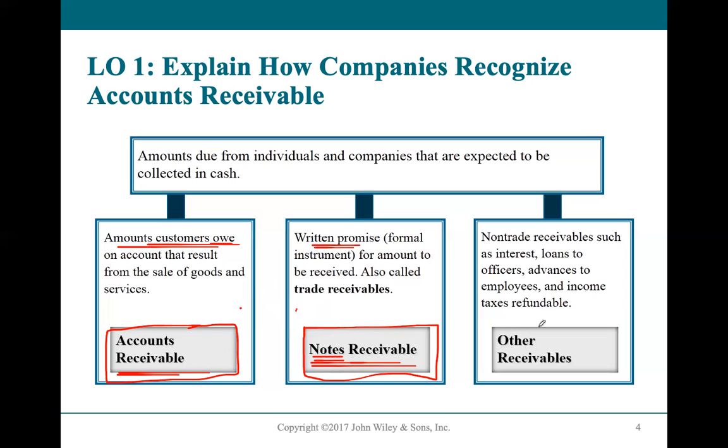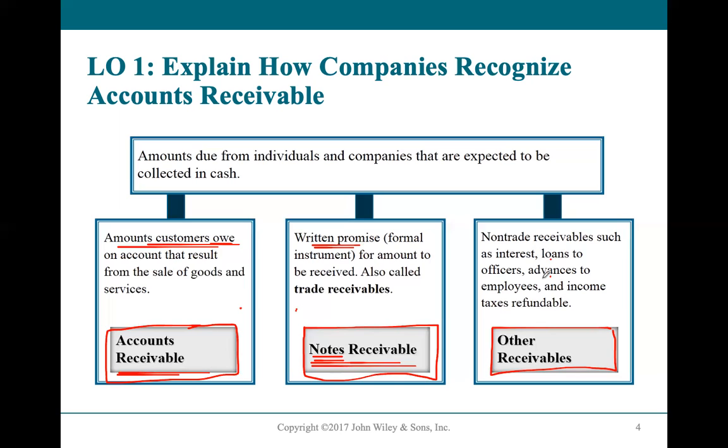Although there are a lot of other receivables, they introduce you to a few of them here. If you study accounting in more detail, as you keep going, you'll see accounts like interest receivable and income taxes receivable, which is refundable. There's a lot of loans and advances that go to employees of corporations, and those have to be paid back, so they become receivables.